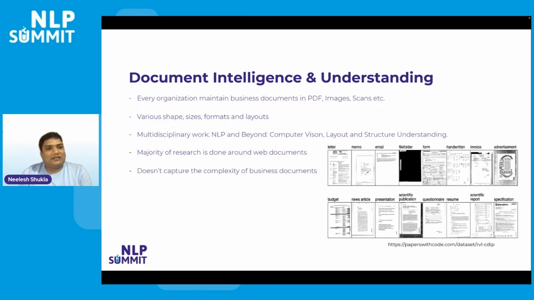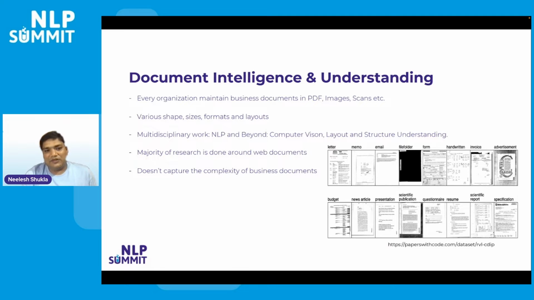Now the difference means they could be text, they could be images, so there's multimodality present. Then also their structure, right? The way the information is present on that is different. And that makes document intelligence more complex than a web document, because in a web document, or if you talk about a text document, you somehow get some structure, in a sense, the way of writing.